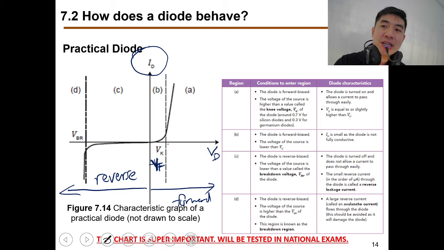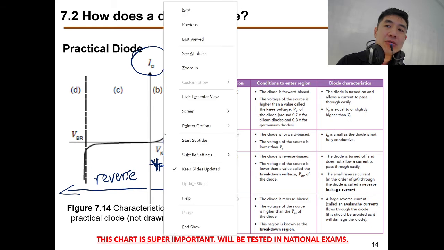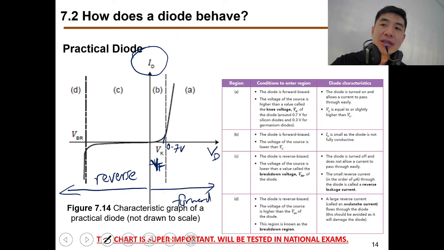This part here is normally 0.7 volt. For most diodes it's 0.7 volt. Sometimes it's a little bit lesser, sometimes a bit more, but most of the time it's about 0.7 to 0.9. After 0.7 volt, the diode actually lets all the current through. Can you see? The current goes in an exponential direction, which is as good as free flow already.